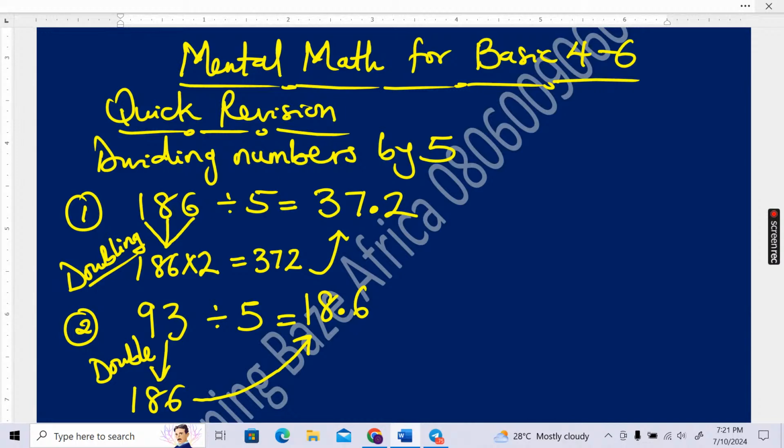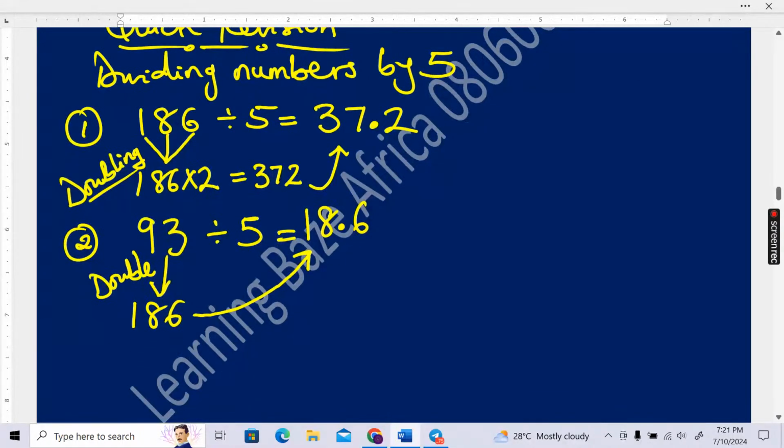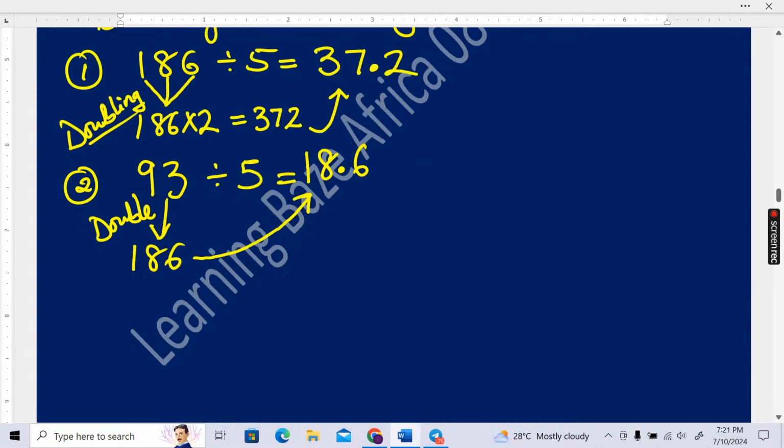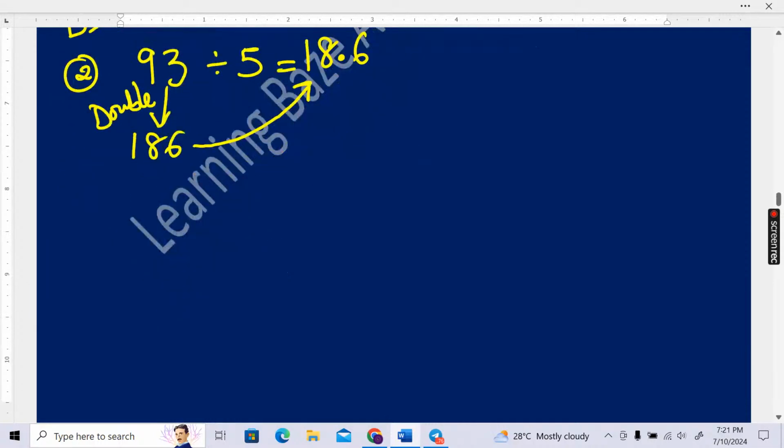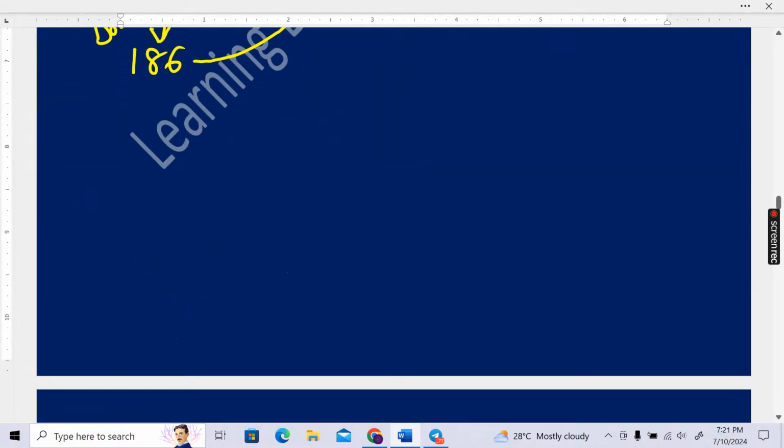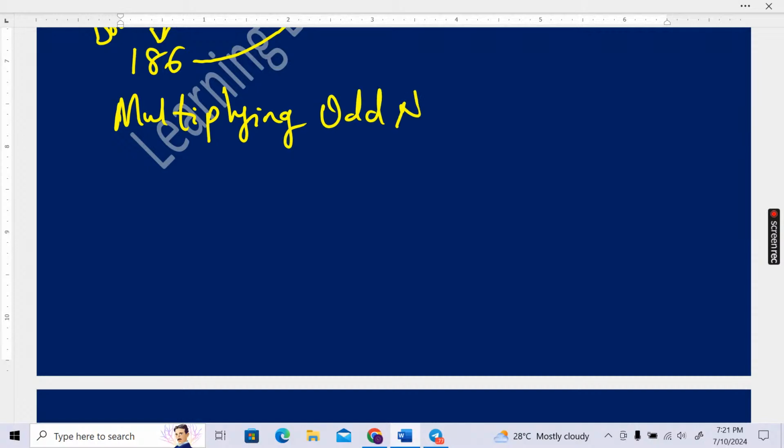Now, the next concept that we learned was how to multiply odd numbers by 5. So let's quickly revise multiplying odd numbers by 5.